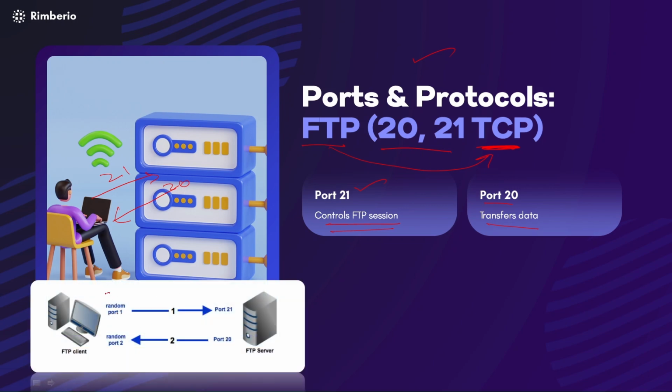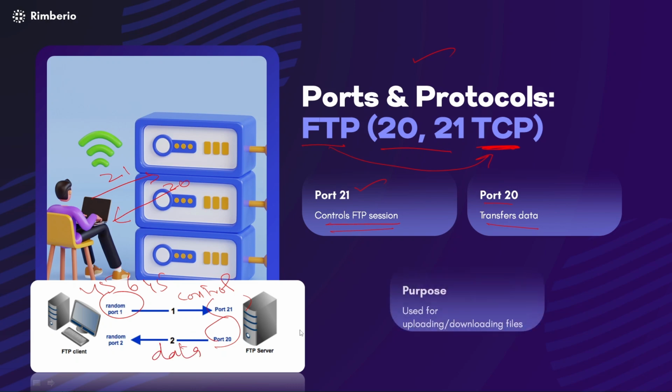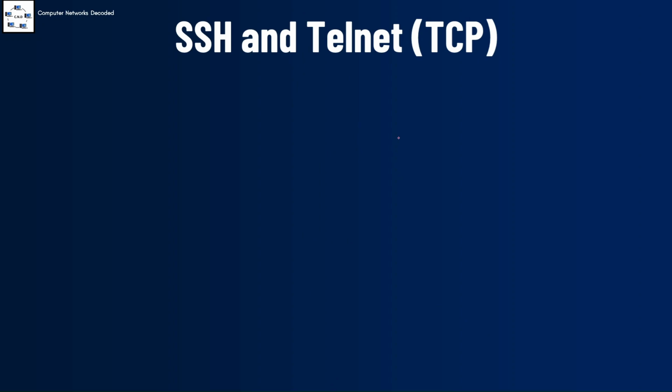At the client side, we have some random number such as 45,645, and on the server side, it uses port 21 for the control session, and port 20 for the data session in which data transfer takes place. So the purpose of FTP is, of course, uploading and downloading files.